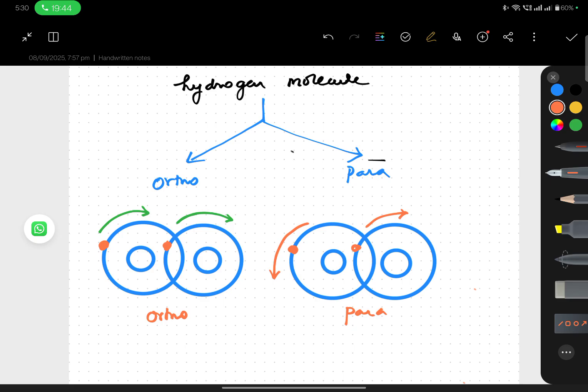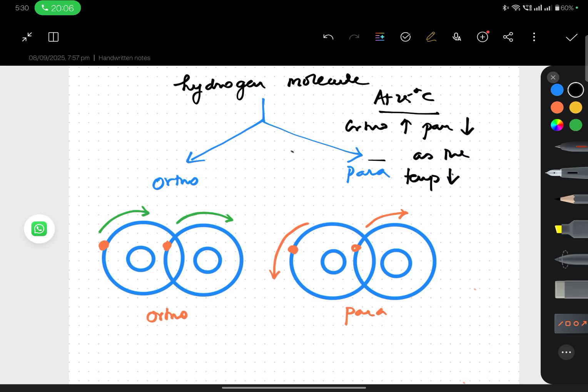Yes, sir. Noted. So in general, at a normal room temperature, that is at 25 degrees centigrade, ortho will be maximum, para will be less. As the temperature decreases, ortho becomes less, para becomes more.